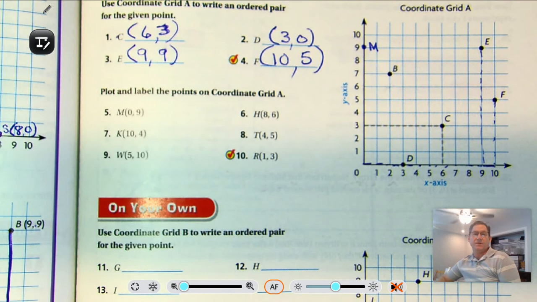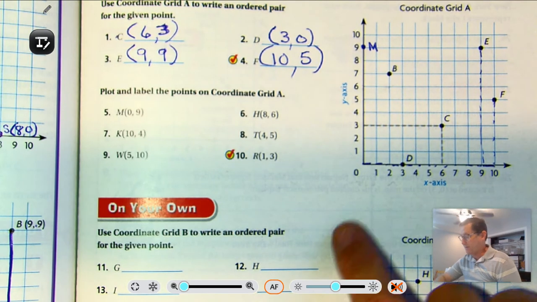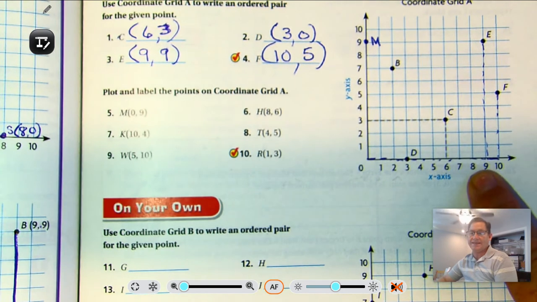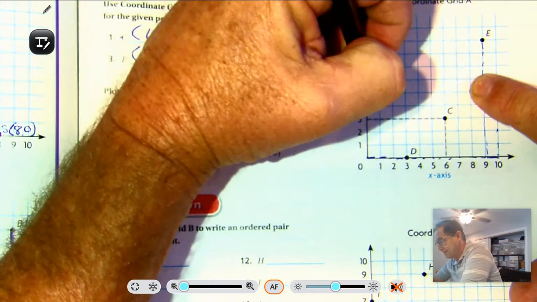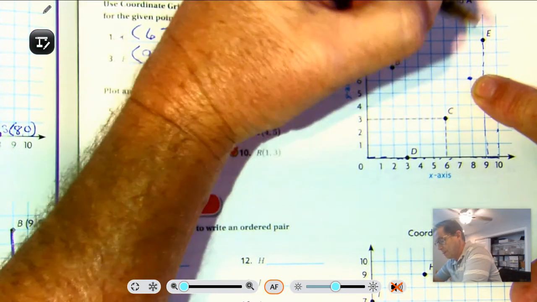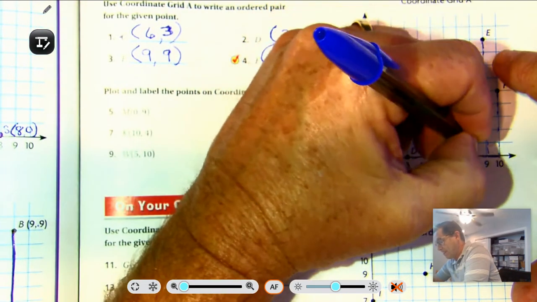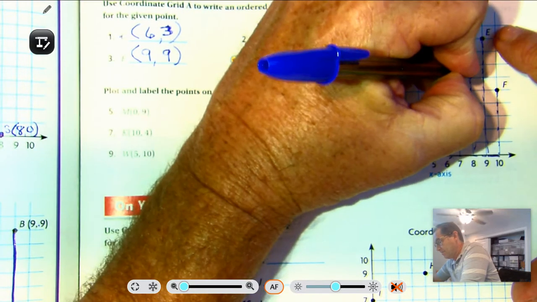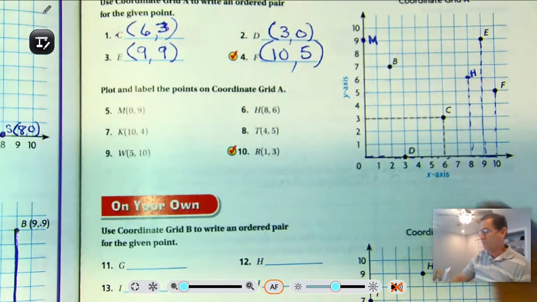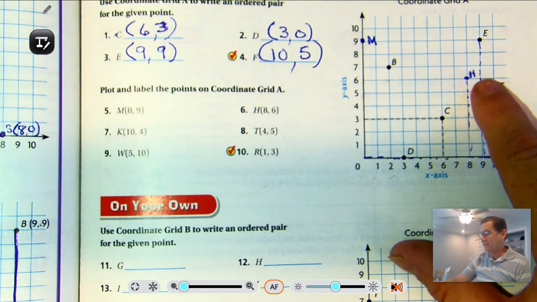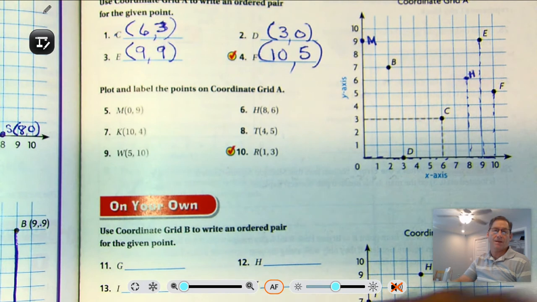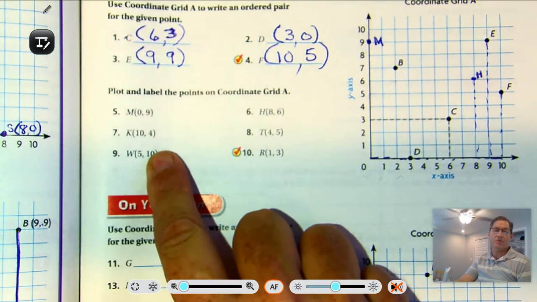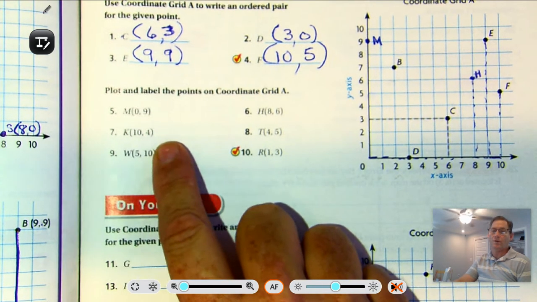Okay, so there's M. H, we're going to go over to 8 and then up to 6. So point H is at 8, 6.